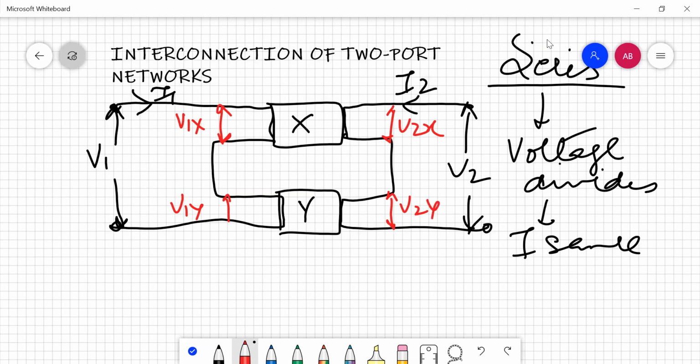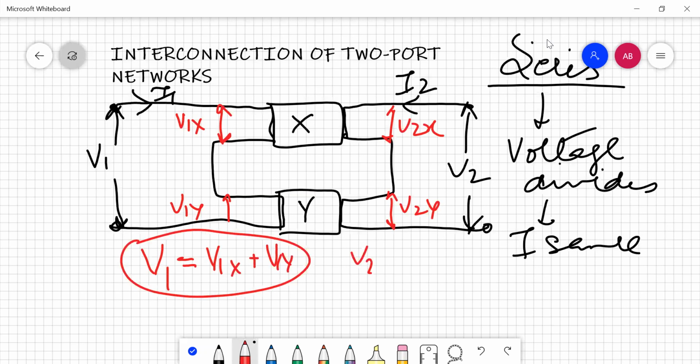Because current is not getting divided, I am not taking it as I1X or I2X or I1Y and I2Y. I will be taking I1 as I1 only, right? So now you can see from the diagram that V1 is going to be equal to V1X plus V1Y, while at the output port, V2 will be the combination of V2X and V2Y.